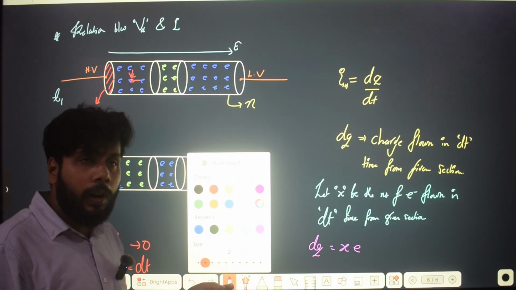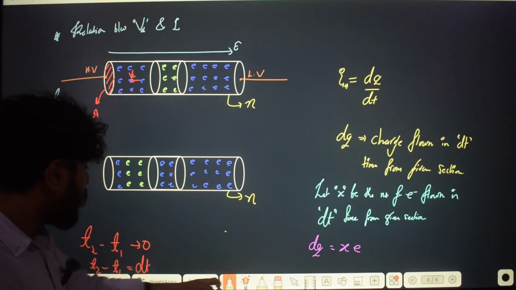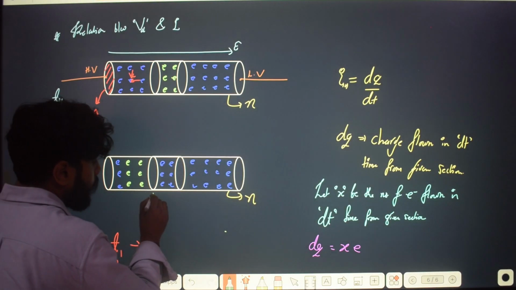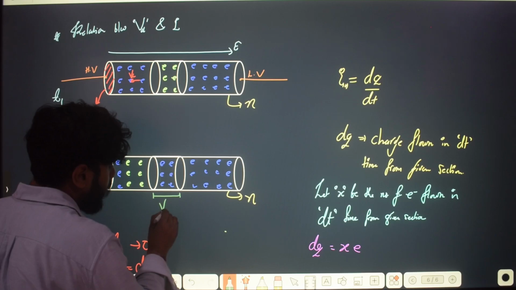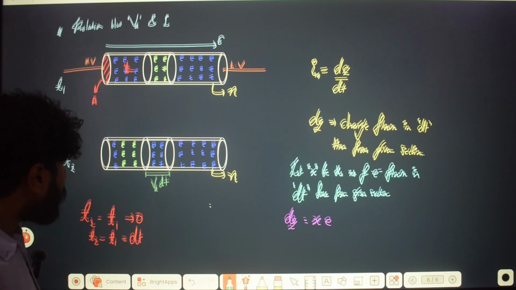So distance will be what? Velocity into time. So I can safely say that this distance is going to be Vd dt, right?